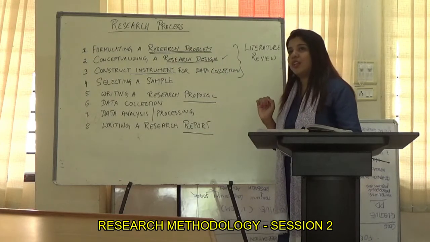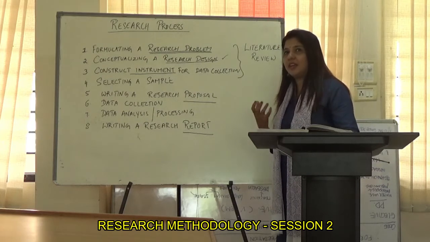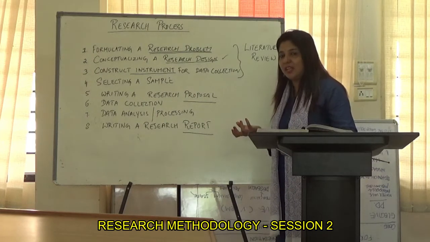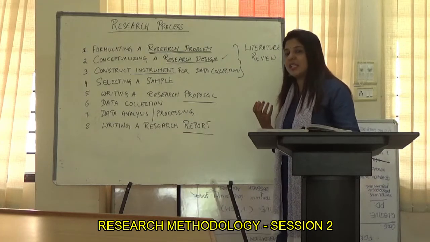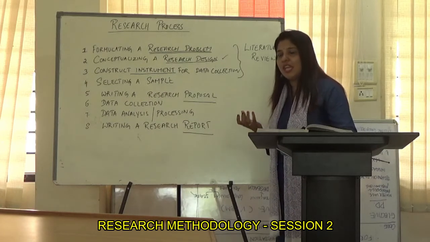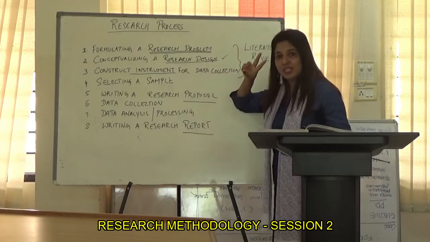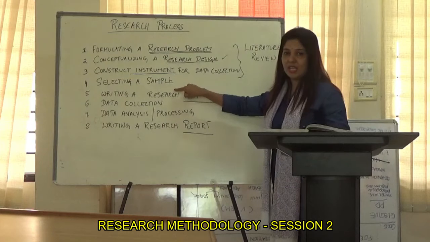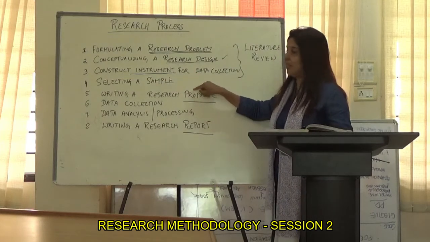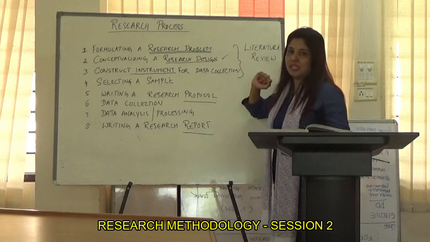If you are in the health area, you are going to find out something relating to health from those people who work in the health area: doctors, nurses, etc. The questions or the information you take from the doctors will be different from that of the nurses. So you develop two instruments, and only then do you take a sample. This instrument is for a particular sample, and this instrument is for another sample. That is why the fourth step should come only after the third step.